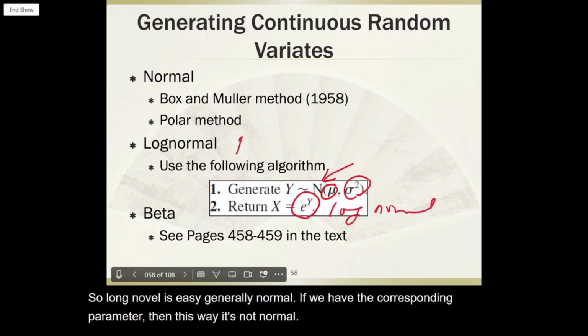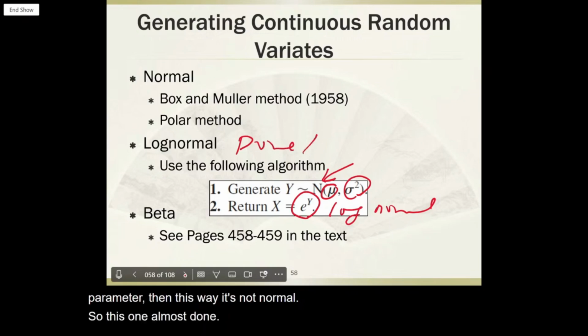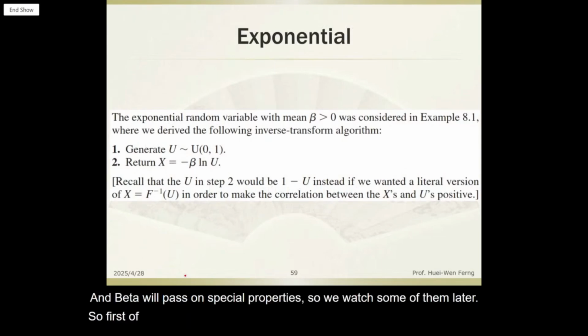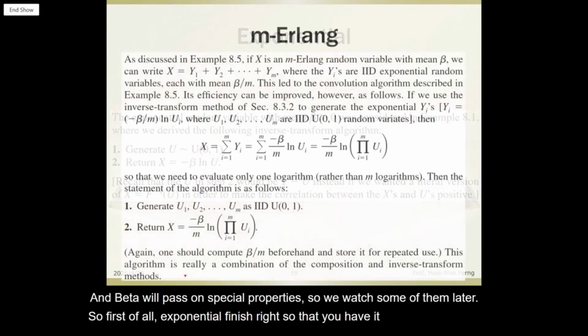So this one is almost done. And for beta, we pass on special properties, so we will check some of them later. First of all, exponential is finished, so we'll go to the next one.